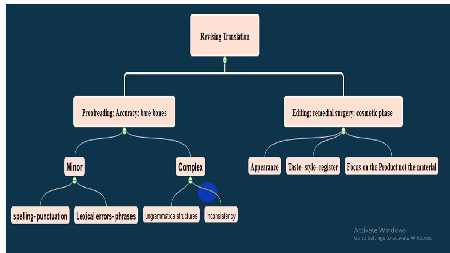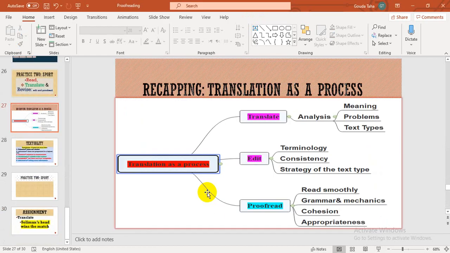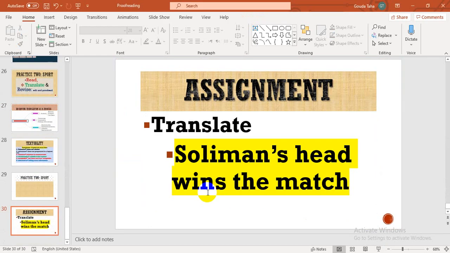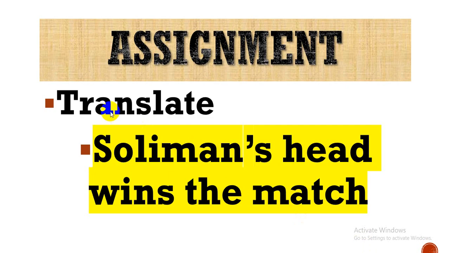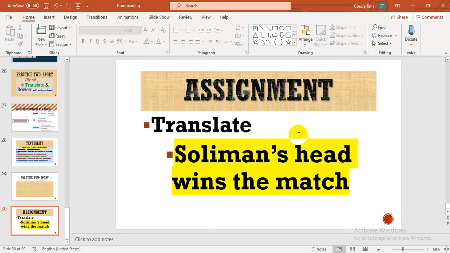So your assignment will be this text to translate, "Sulaiman's head wins the match." This is a sport text because, as you know, this week we are going to go into some sport related text.